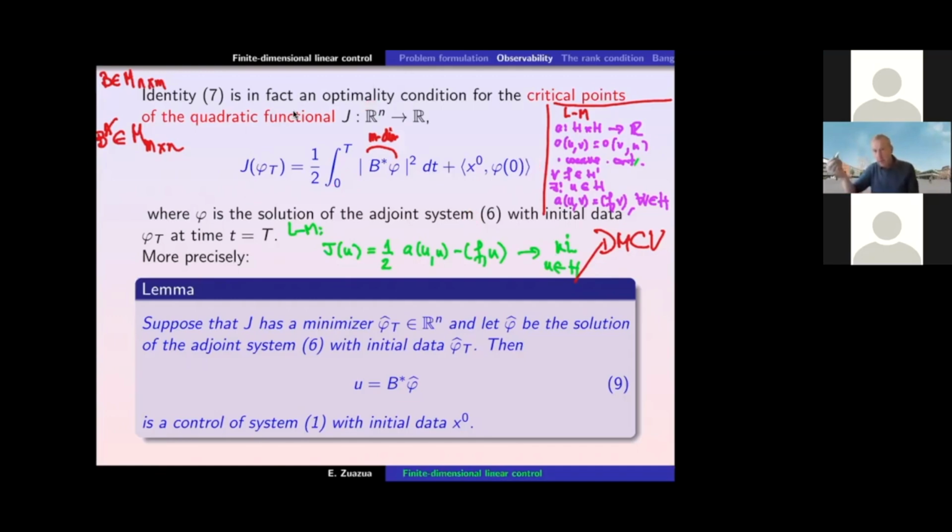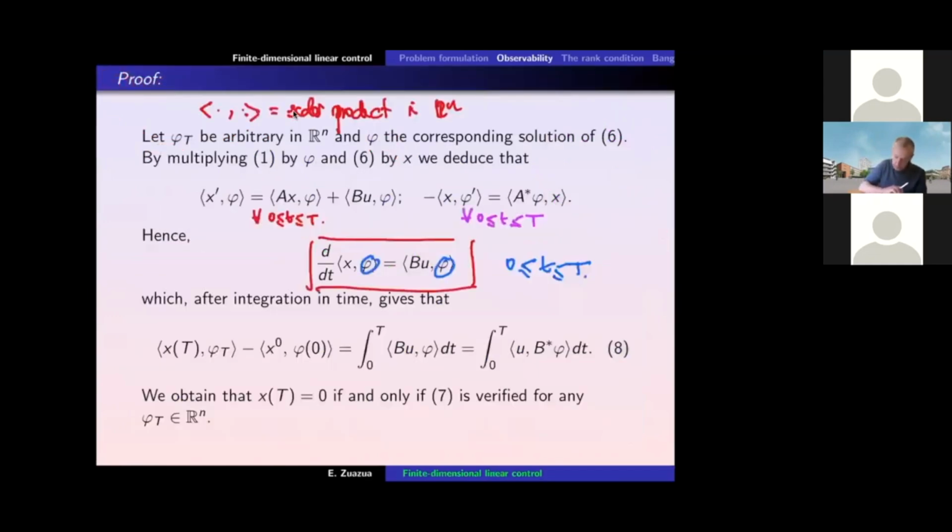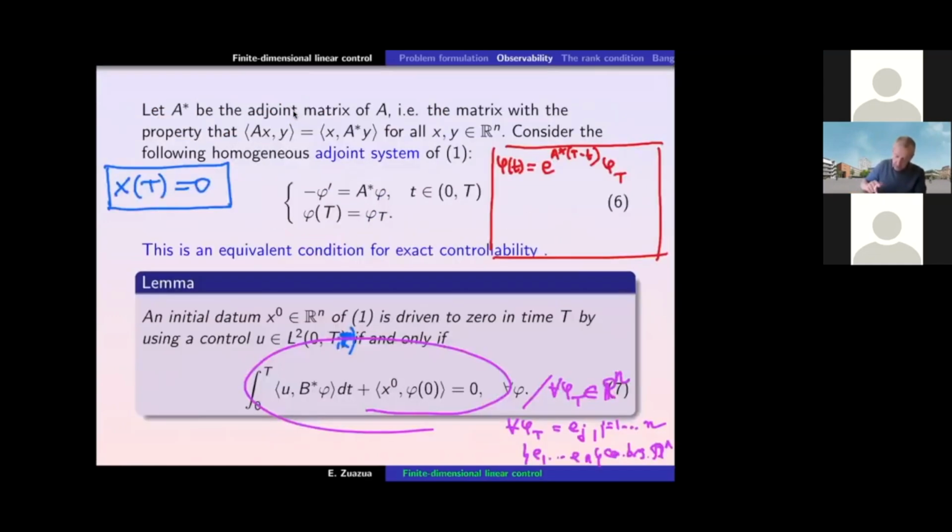But the second thing is that this will become also algorithmic. Because building the control is just saying that U is equal to B star phi hat, and phi hat is just the solution of this adjoint system with a very distinguished initial datum phi, which is given by the minimizer of that functional.